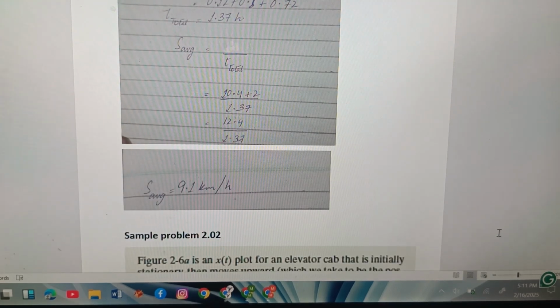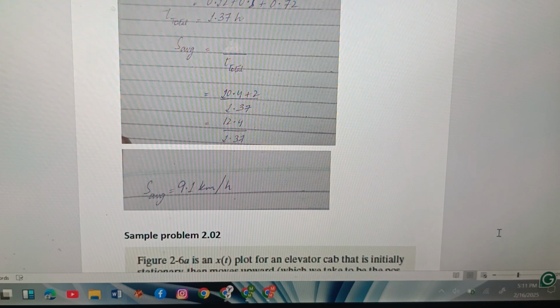1.37 hours. Now to calculate the average speed, we need total distance over total time. Sorry, I forgot to mention total distance here. You can write the total distance in the numerator and total time in the denominator. The total distance will be 8.5 of driving, then 2 plus 2, 4 to reach, plus 2 kilometers to reach the gasoline station, and walking back from the gasoline station to the truck was another 2 kilometers.